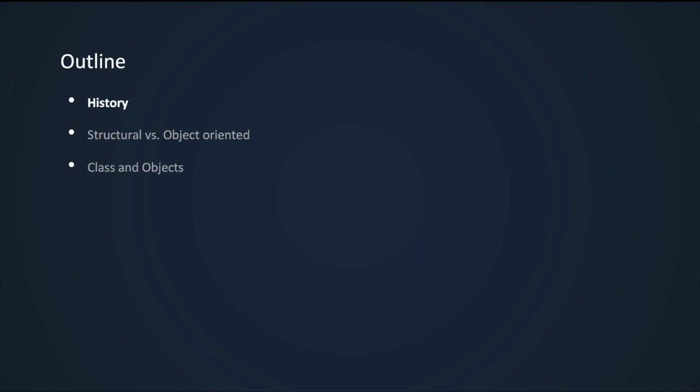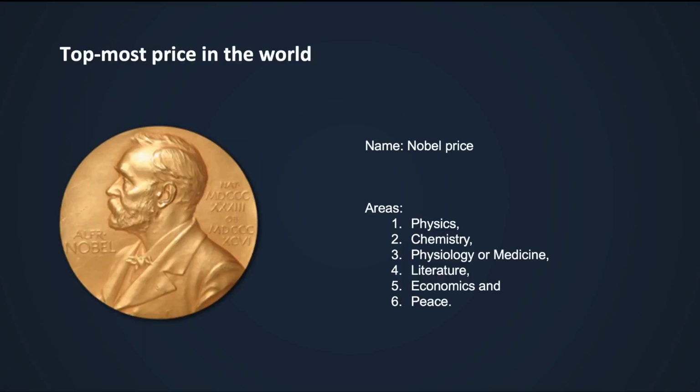Coming to the history, we know that the topmost prize in the world is the Nobel Prize, given in 6 different fields. For computer science, we do not have a Nobel Prize award.